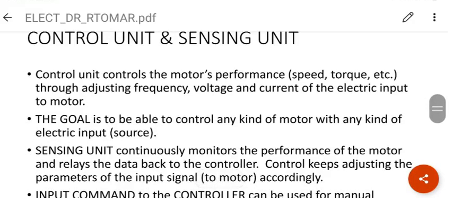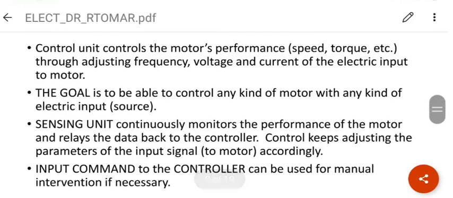Control unit, as I told you, controls the performance of the motor, speed, torque, etc. And it is done through adjusting frequency, voltage, and current of the electric input to the motor. The ideal goal is to be able to control any kind of motor with any kind of electric input. That is how we try to design the drive.